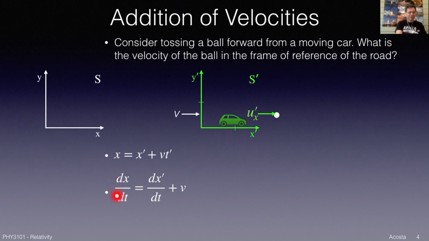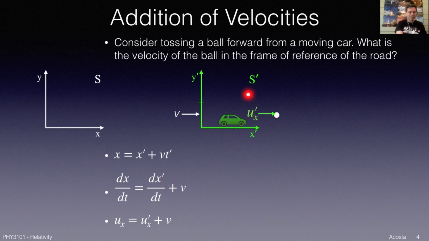The derivative of x is dx/dt. The derivative of x prime is dx prime/dt. And then the derivative of t prime, but since t prime is t, is just going to be 1, and then times the v just gives me v. So just reinterpreting those derivatives, dx/dt is what we call velocity. So that's the velocity in frame S. And so I'll call that ux without the prime. And what was dx prime/dt?